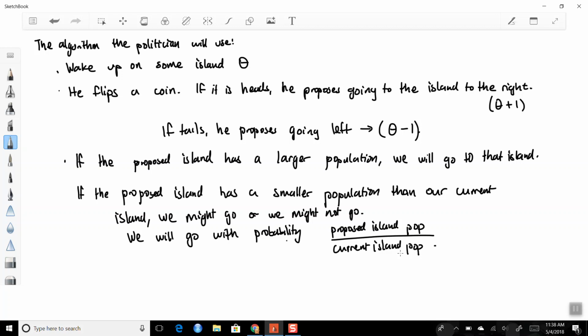Okay, so basically, if it's less than the ratio, go to the proposed island.